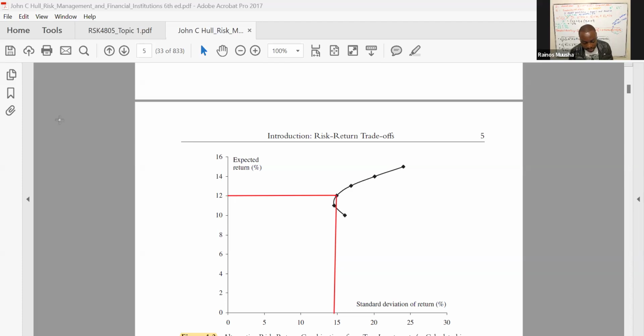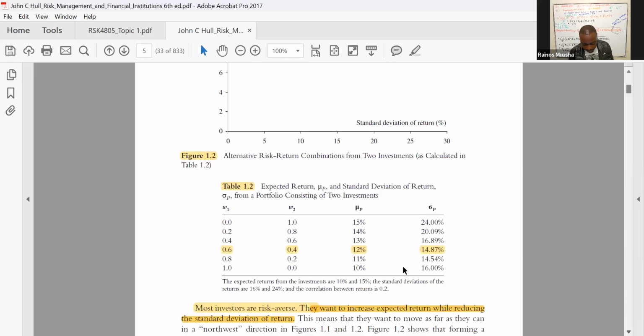And the same applies to the other scenario that we looked at. If you have 100% in asset 1 and 0% in asset 2, the expected return will be 10%, and the standard deviation is 16%.